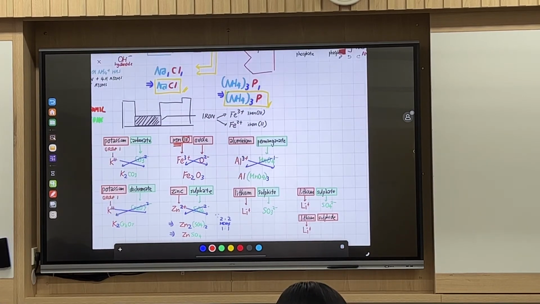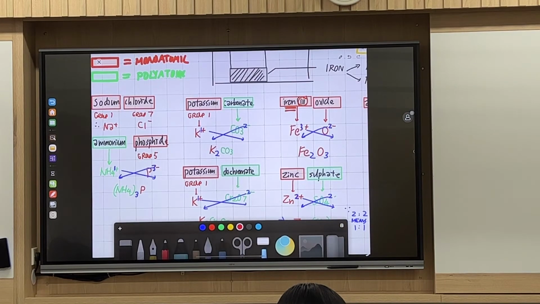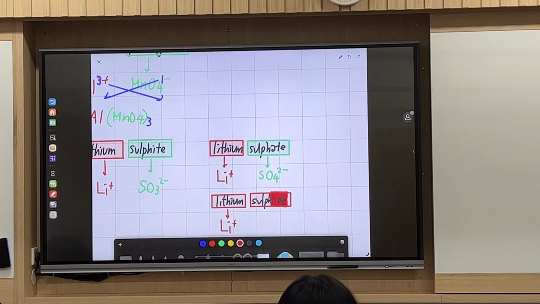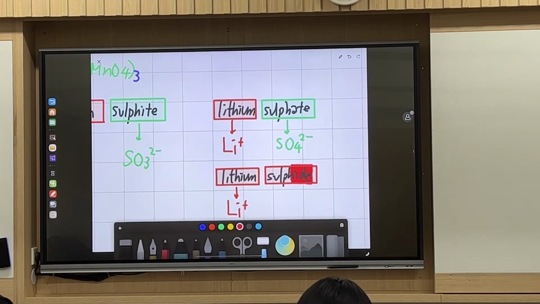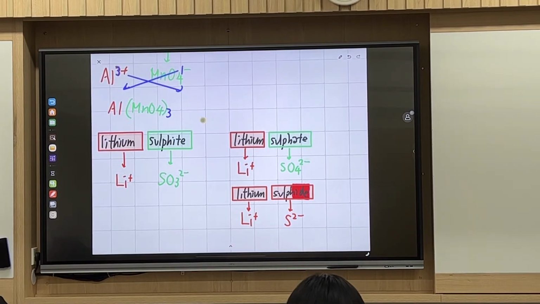Every time you see something ending in IDE, it's a monoatomic ion. What is the charge of it if it's from group 6? S2 minus.